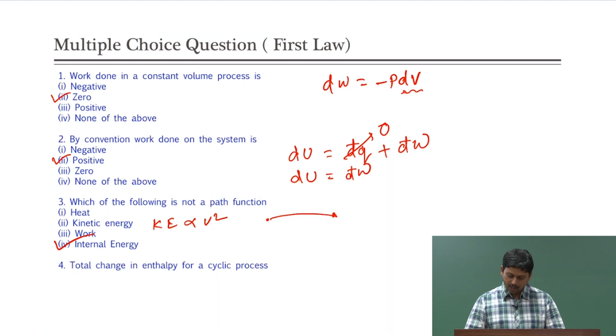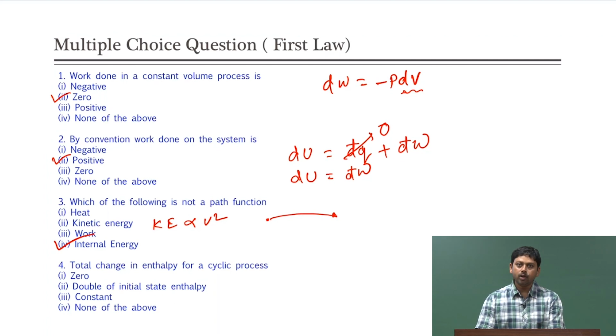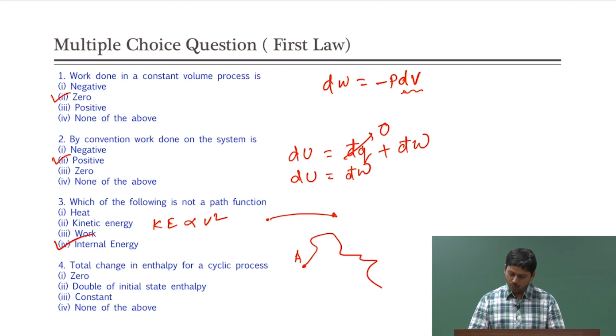The change in enthalpy for a cyclic process is 0, double the initial enthalpy, initial state enthalpy, constant or none of the above. When you talk about a cyclic process, it means that we start from somewhere, let us say from A, and we do whatever we want to and we come back to the same state.